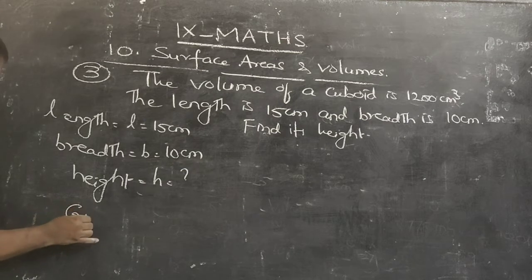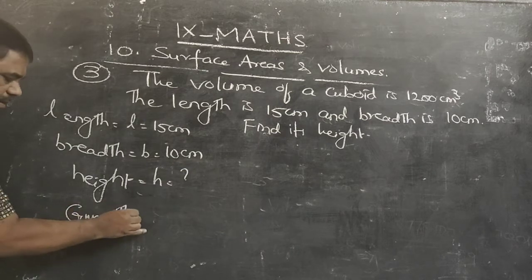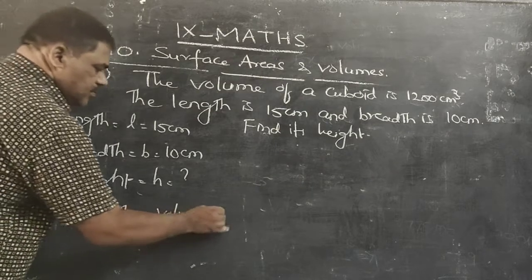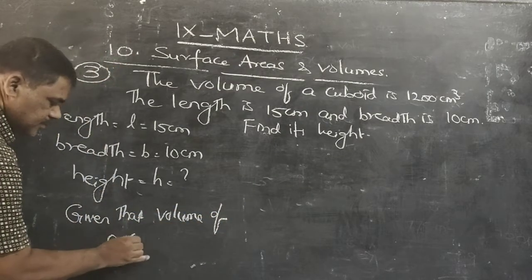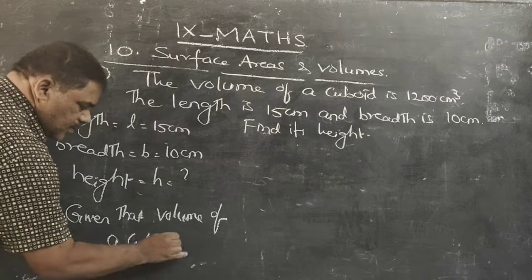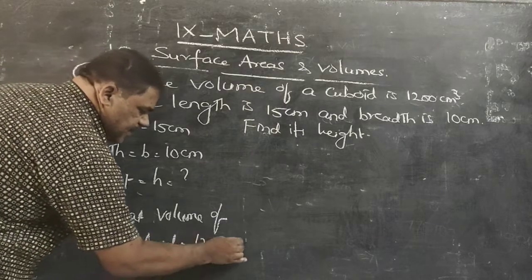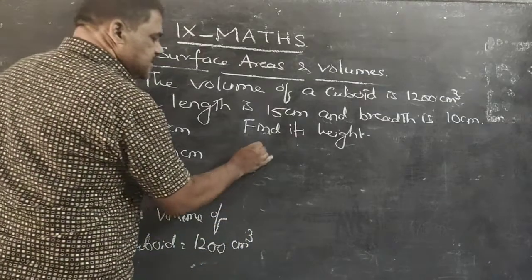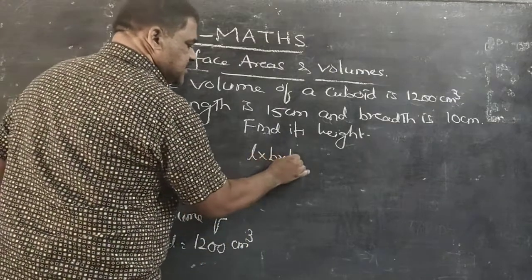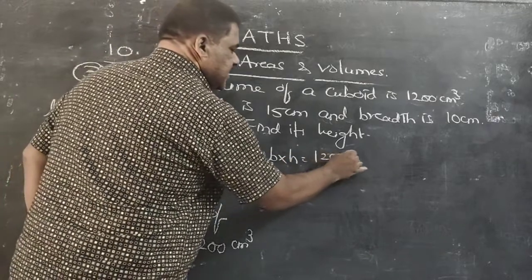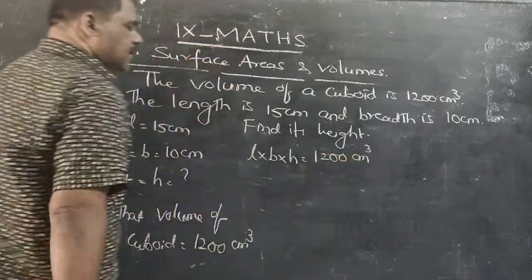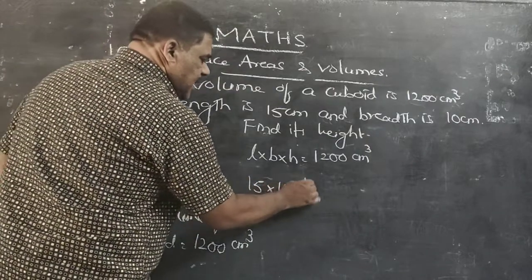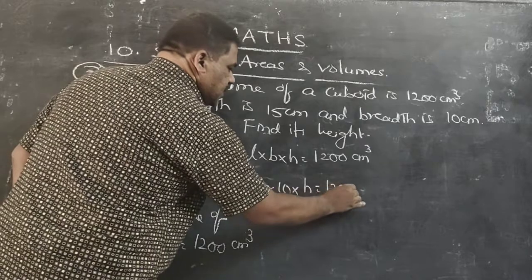Now given that volume of the cuboid is equal to 1200 centimeter cube. Volume of the cuboid formula is L into B into H, that is given as 1200 centimeter cube. Length is given as 15, breadth is given as 10, height we have to find.